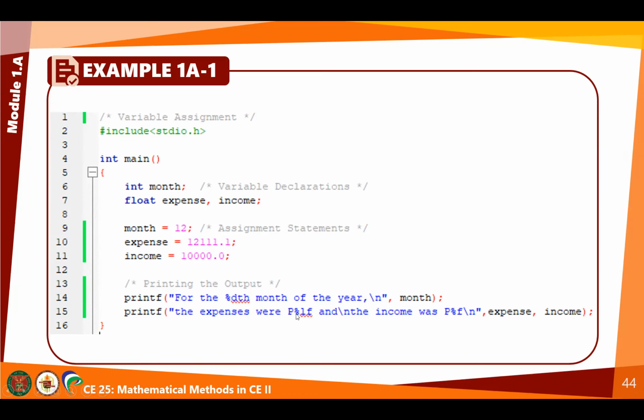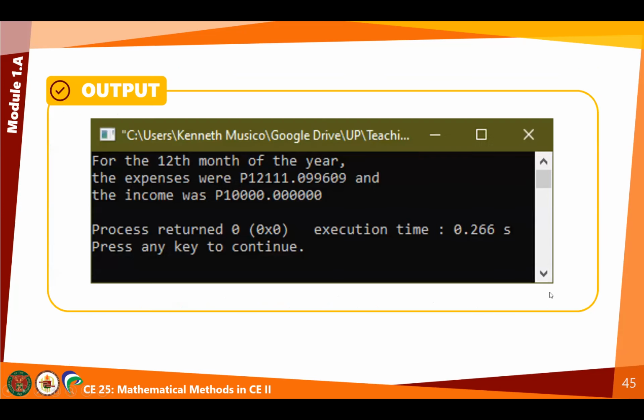The expenses were %lf. Ano tong %lf? %lf is for the float. Actually, pwedeng f lang yan. Yan, as you can see here. %lf. Now, let's see what the difference is. So on the output of this one is this. Is there a difference dun sa %lf? None, no? They have the same.